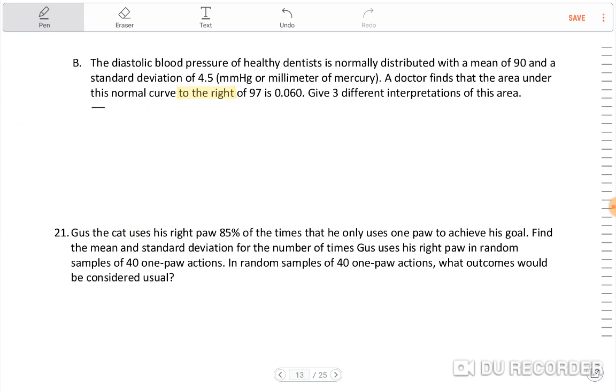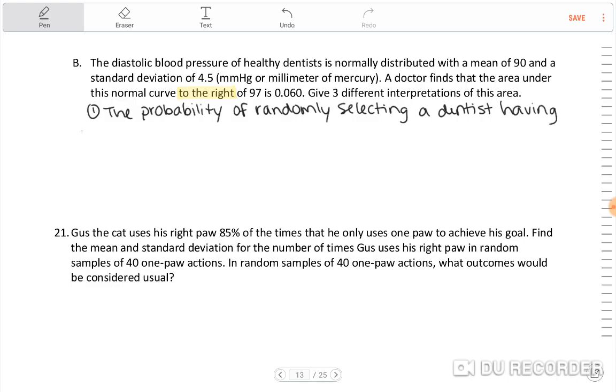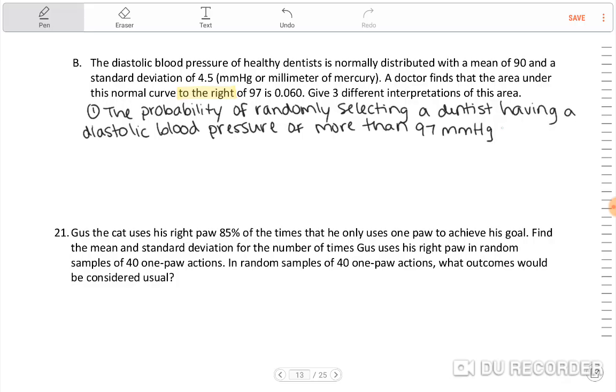Number one, we could say the probability of randomly selecting a dentist having a diastolic blood pressure more than 97 mmHg is 0.060.